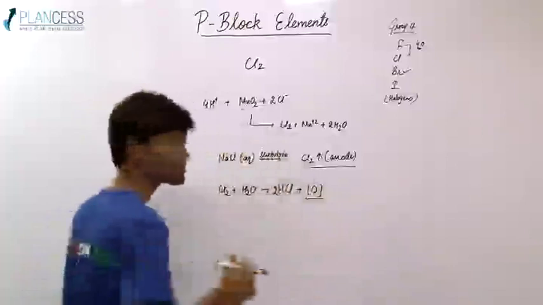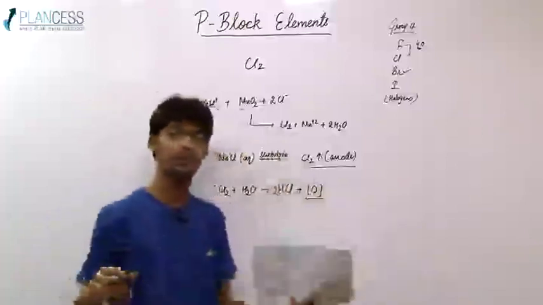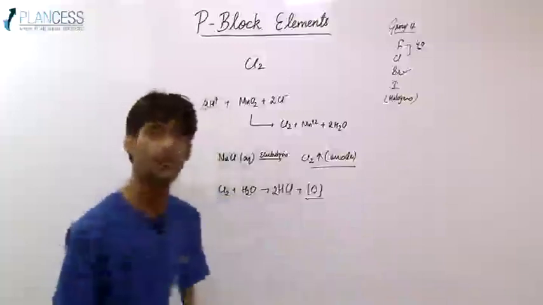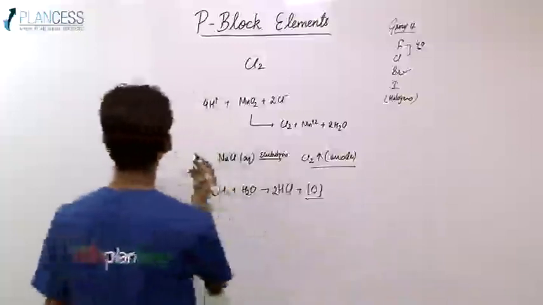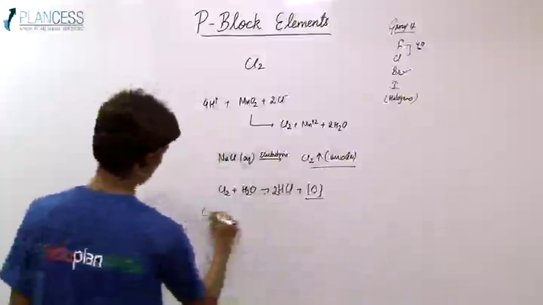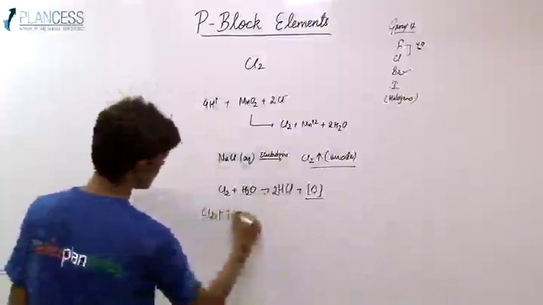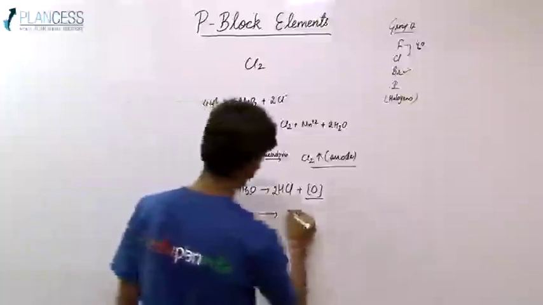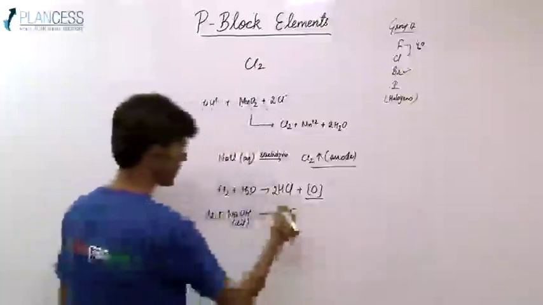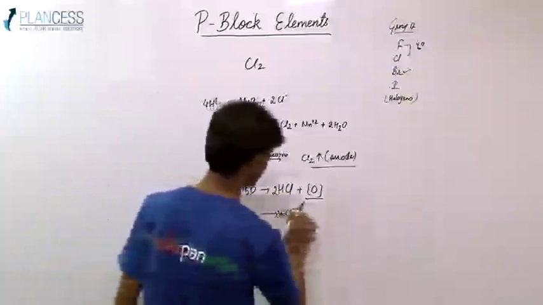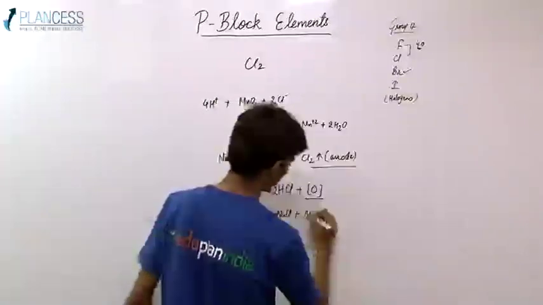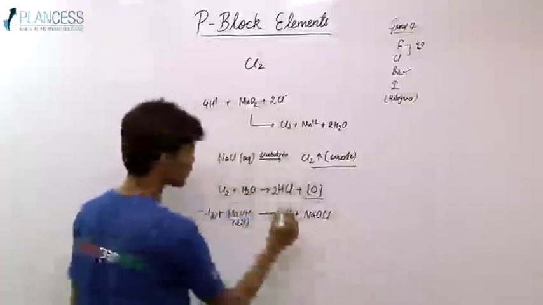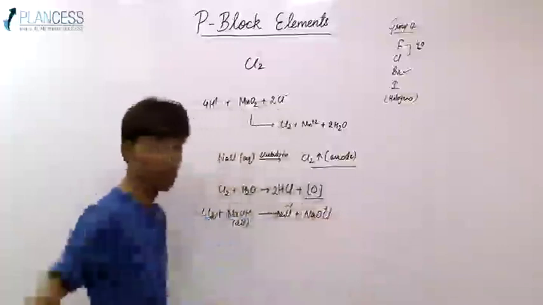Now the reaction of Cl2 with NaOH. We talked about the reaction of NaOH with Cl2 in the s-block elements also, but I will talk about it again here because it is an important reaction. If NaOH is dilute, then the products formed will be NaCl and NaOCl, a disproportionation reaction in which Cl goes from 0 oxidation state to -1 and +1 oxidation state.